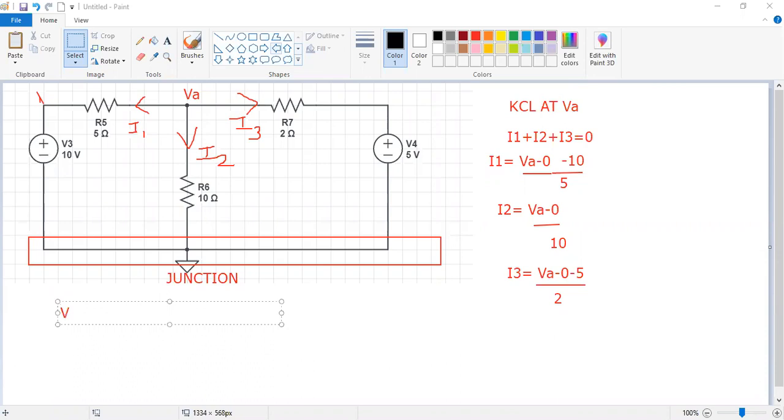So (VA minus 10) by 5, then plus (VA minus 0) by 10, that is VA by 10.